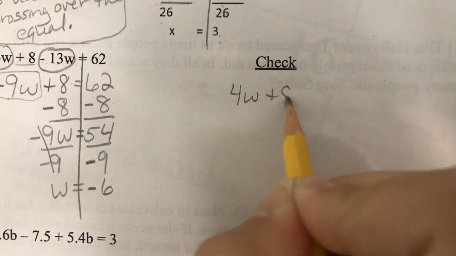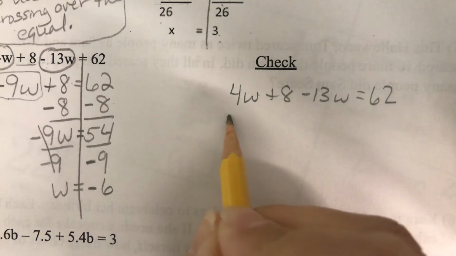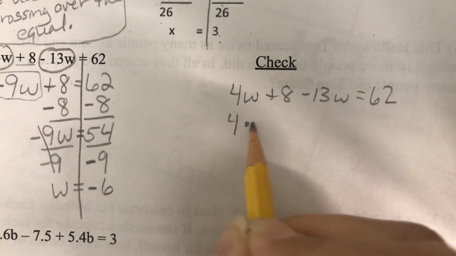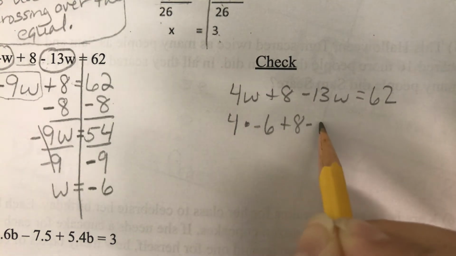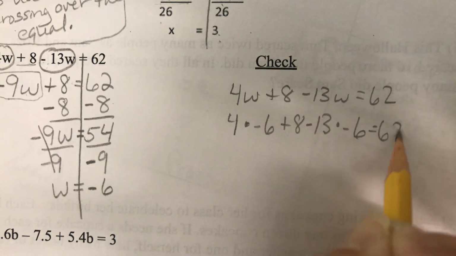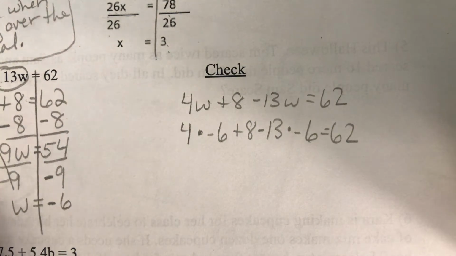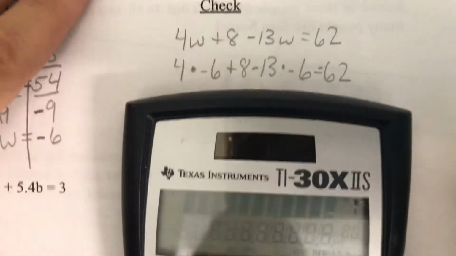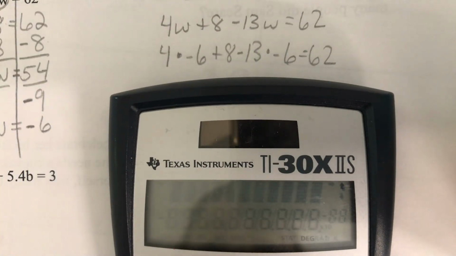Rewrite. Replace every W with a -6. So now as you punch this in, we just have to be extra careful. At any point, if you think I'm going too fast, you pause it and write down what I'm writing.